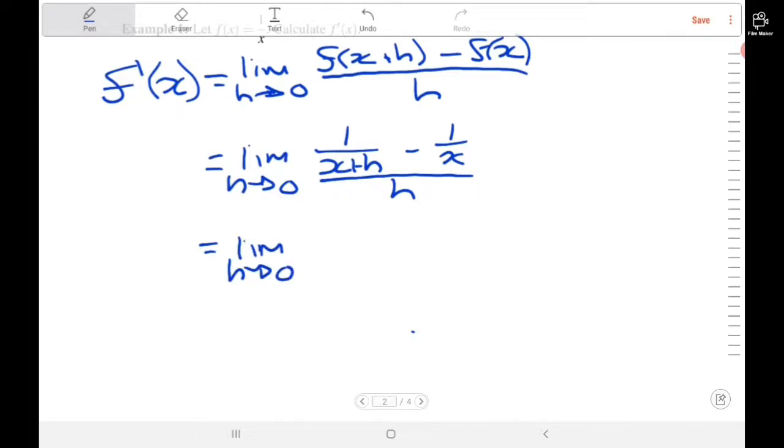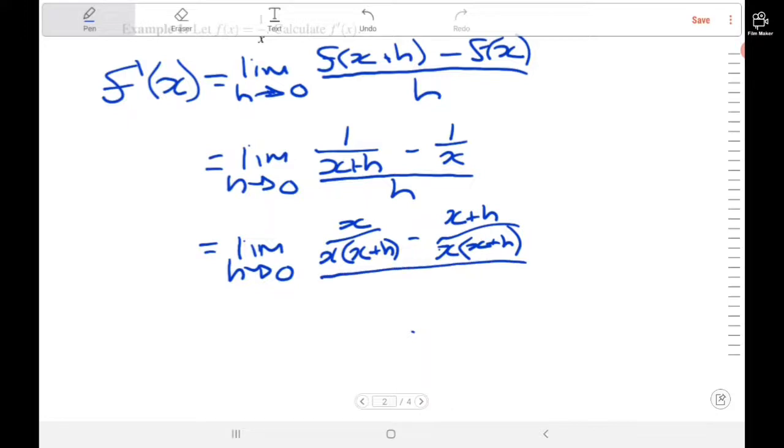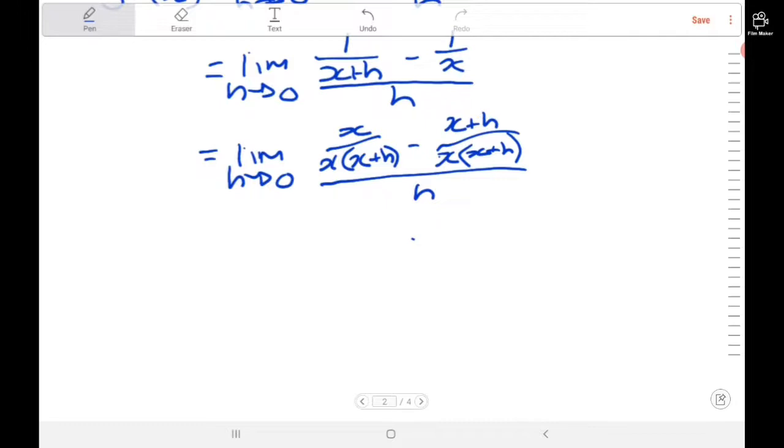So when we do this, we want to write them over a common denominator. So we'll get x divided by x times x plus h minus x plus h divided by the same thing, still all divided by h. So now we can write this as a single fraction.